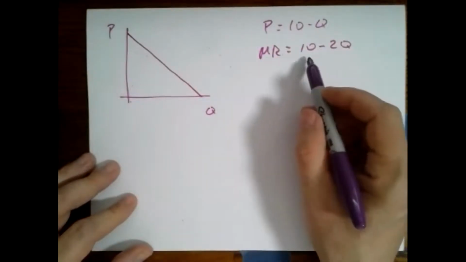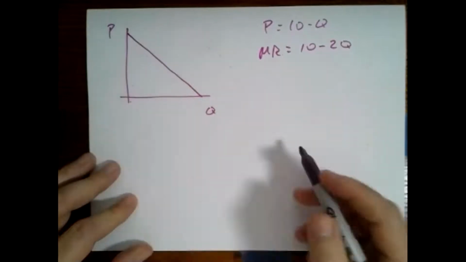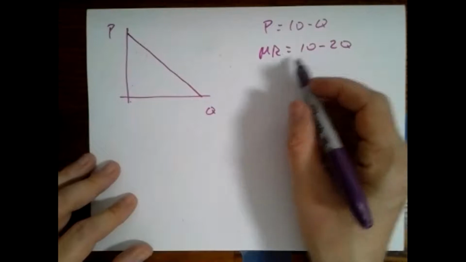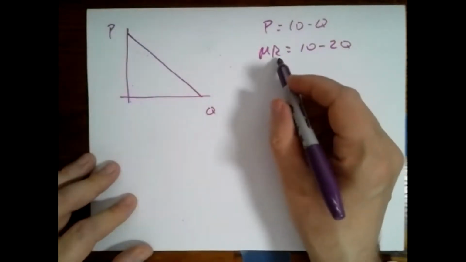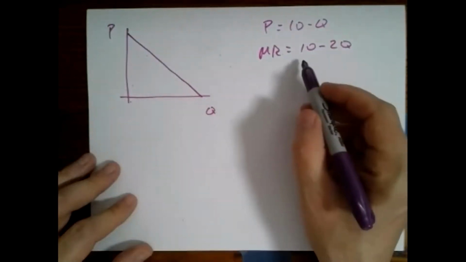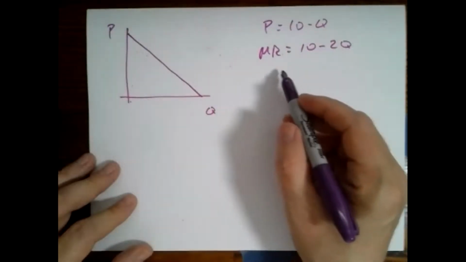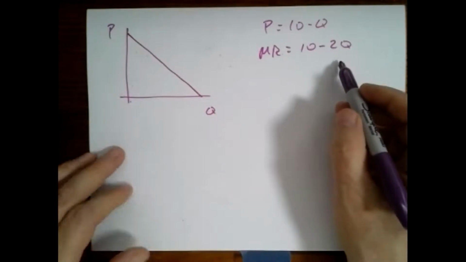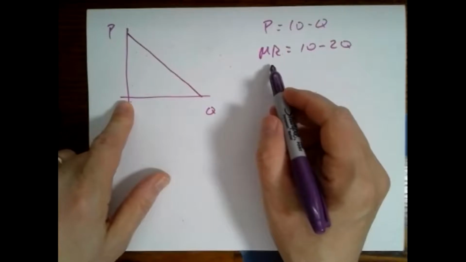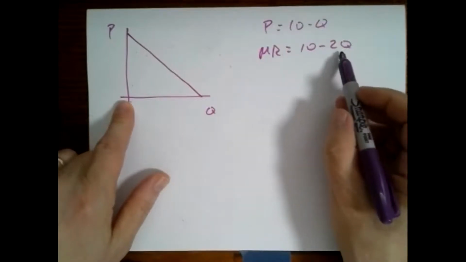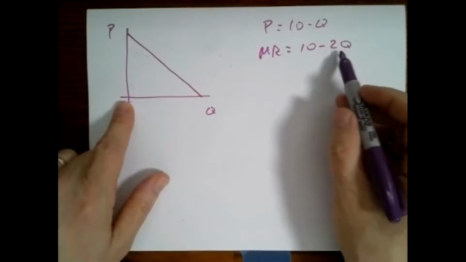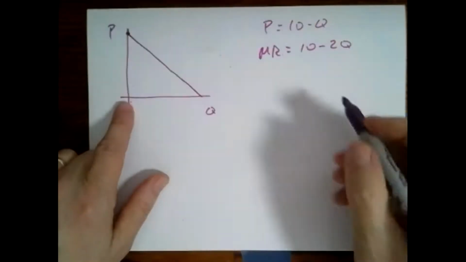So if we're going to graph marginal revenue on the same axis as price, then marginal revenue is going to be on the y-axis and Q is on the x-axis. When Q is equal to 0, what is the y-intercept for marginal revenue? Well, if Q is equal to 0, you get minus 2 times 0 is 0. So marginal revenue is 10.